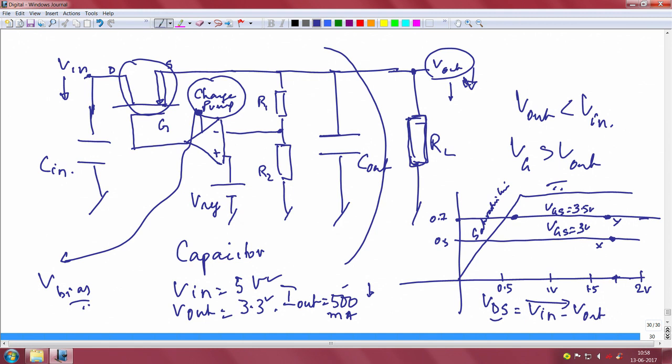That is the key here. Unless you reduce this drop, you will not get back the V out that you have planned for, that you have designed it for.